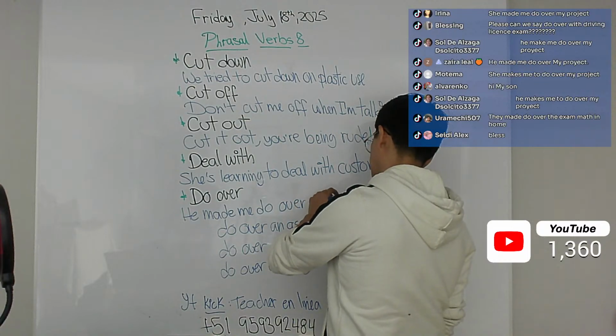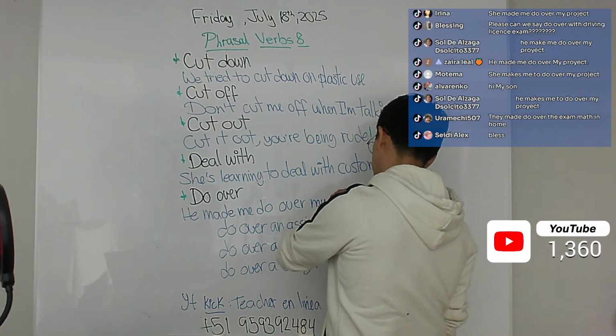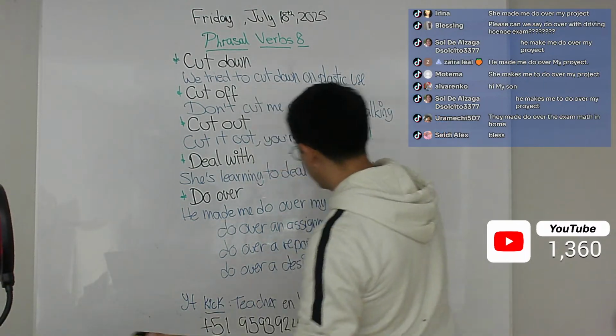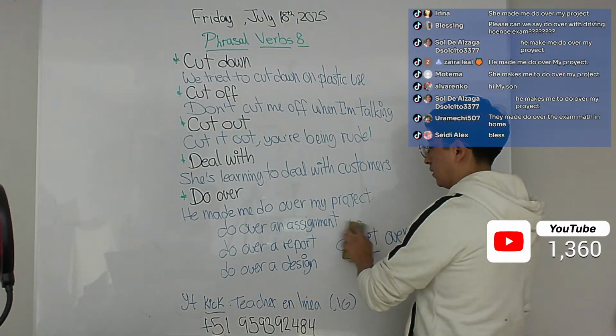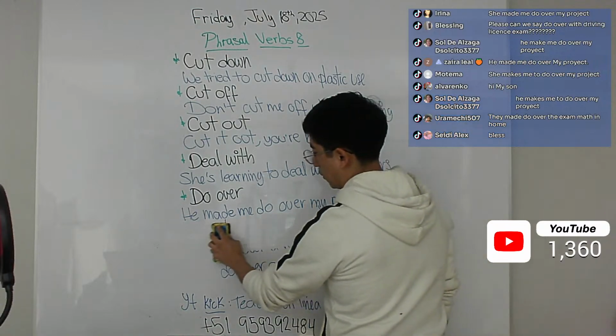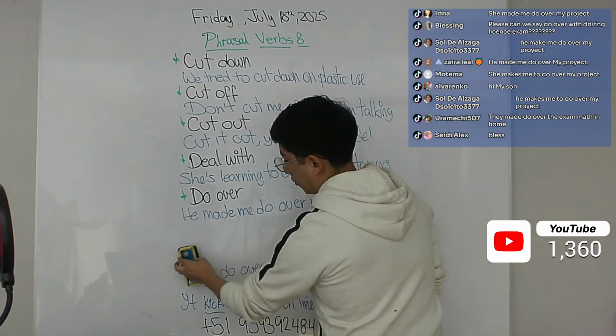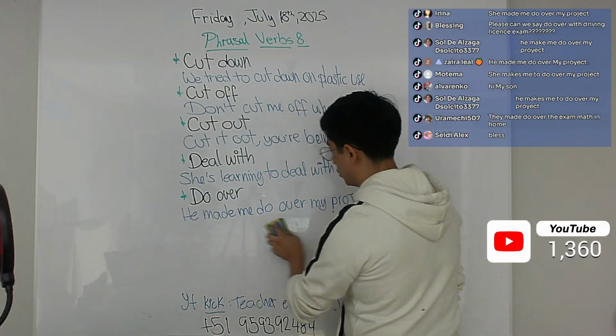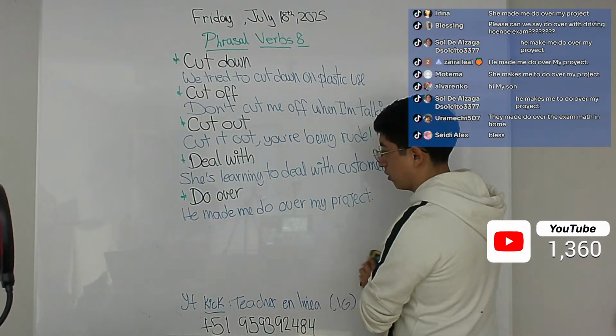My project. So one more time, we can say here, hey, you're doing it wrong. You didn't follow the instructions. Or maybe you can say your report didn't meet my expectations. You have to do it over.